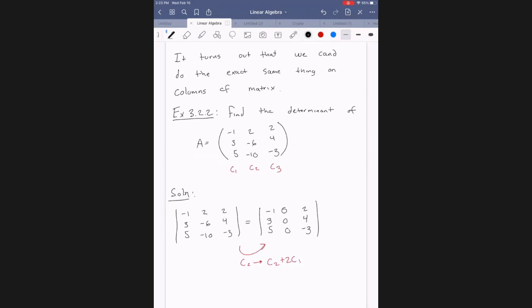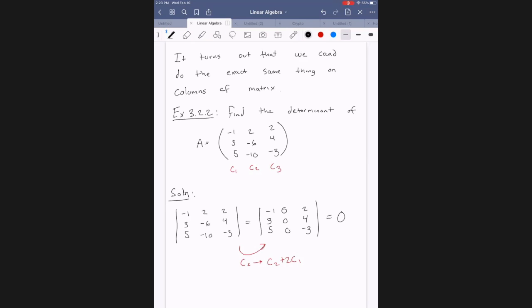So this is an important observation for this purpose, because if we can row reduce or column reduce to the point where there's one row or one column entirely made of zeros, then we can stop, right?